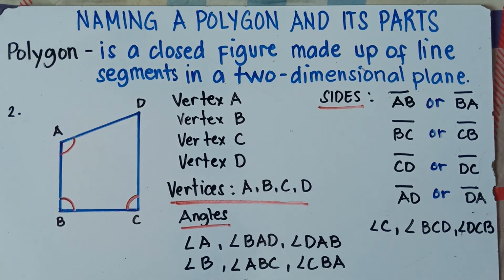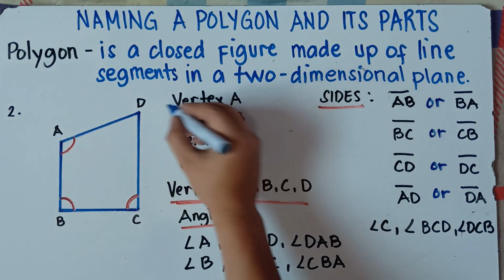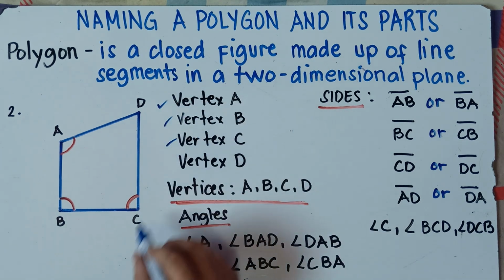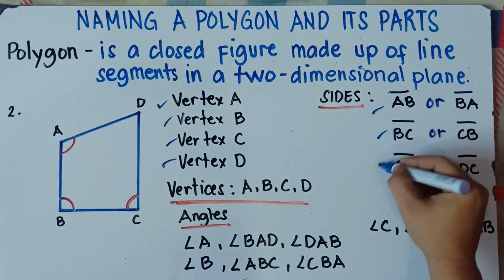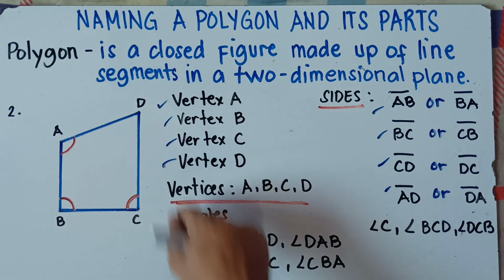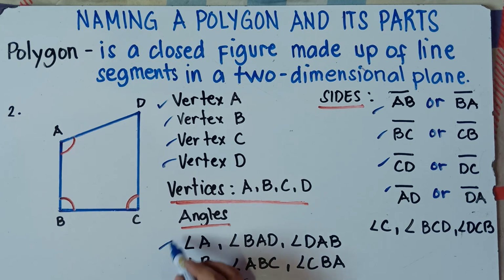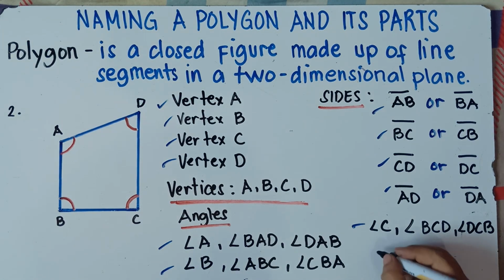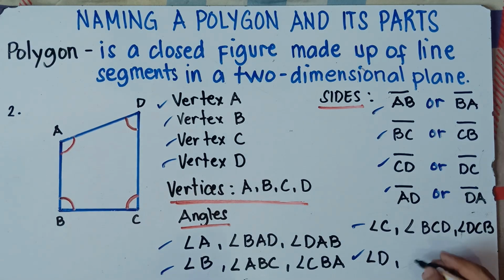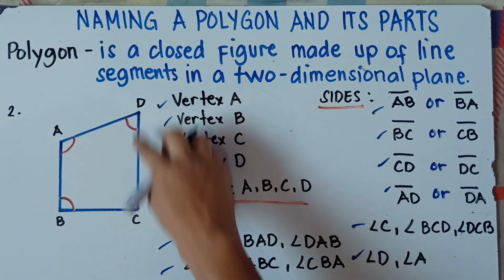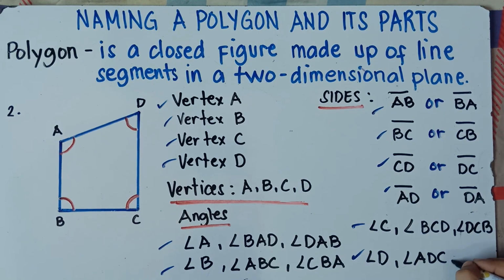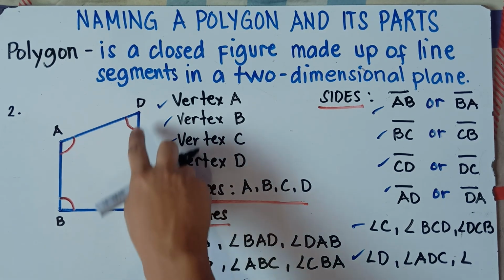Alright, and then the last one. We have 4 sides, 4 vertices, and 4 angles: 1, 2, 3, and the last one is angle D. We can read this as angle ADC, or angle CDA.